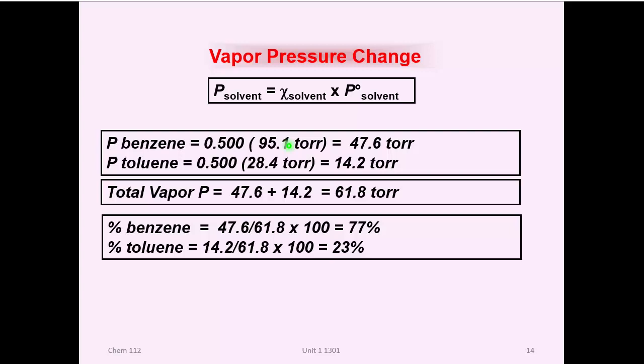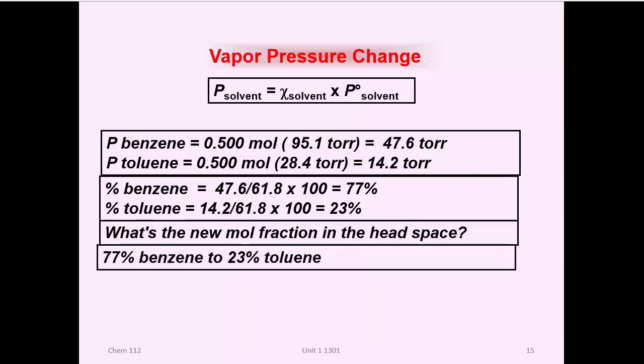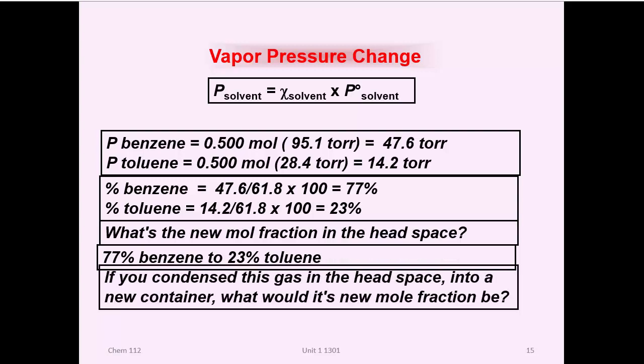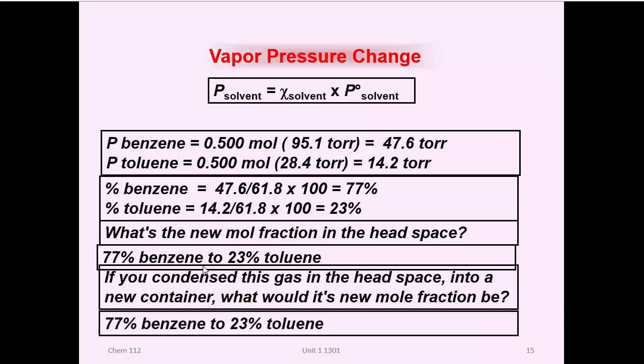That makes sense. It's more volatile. And what's the new mole fraction in the headspace? The same amount. That's what Dalton's law of partial pressure teaches us. So if you took whatever was in the headspace and condensed it back down, what would the new mole fraction be? Well, it would be 77-23, the same as in the headspace.